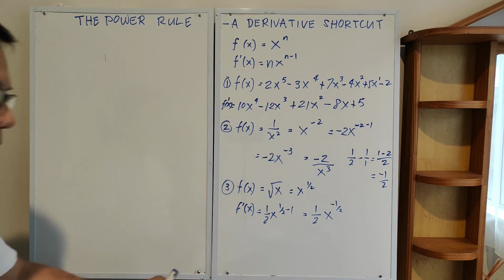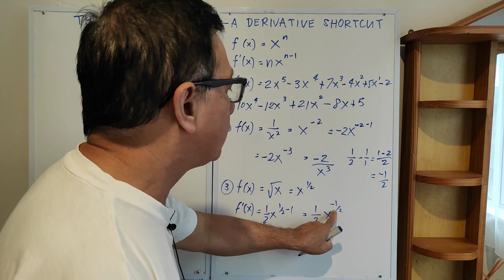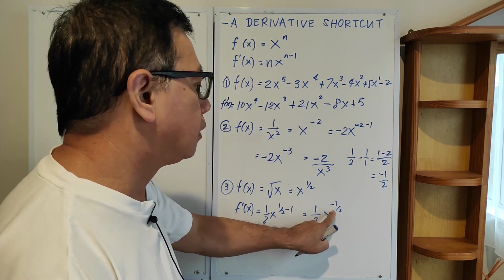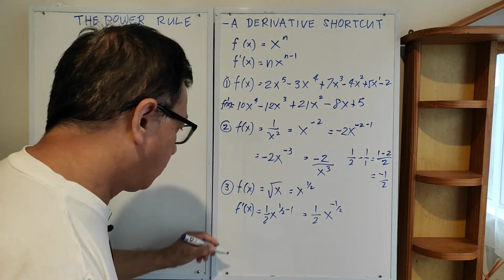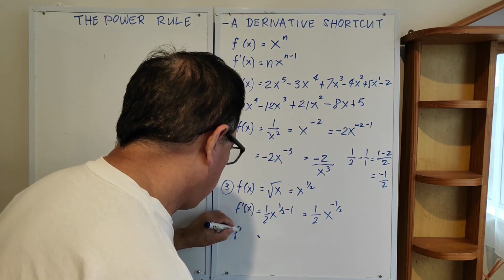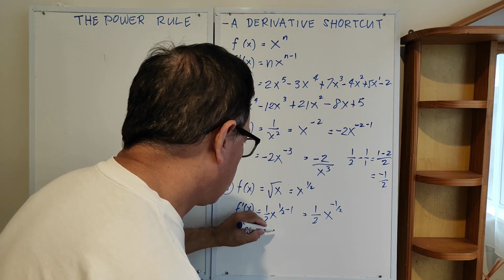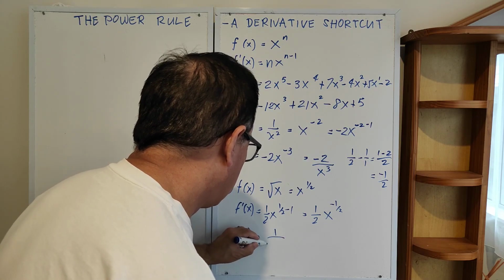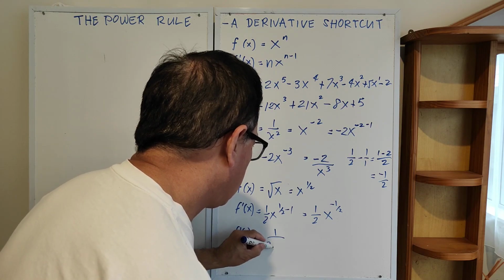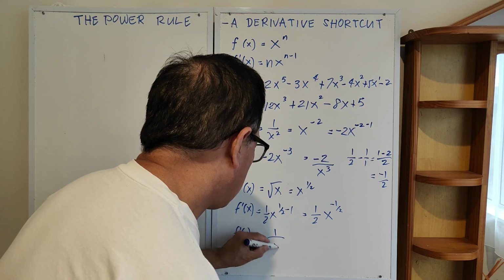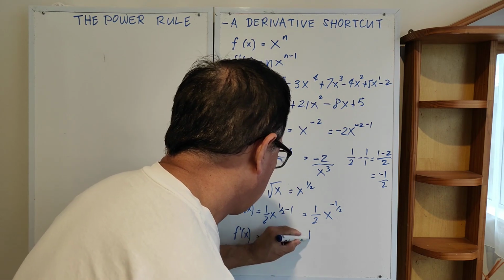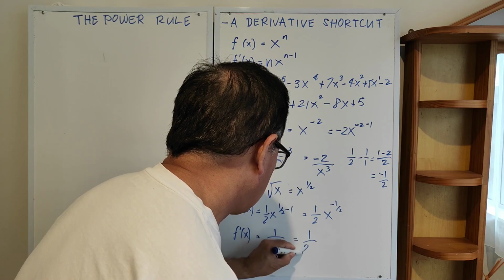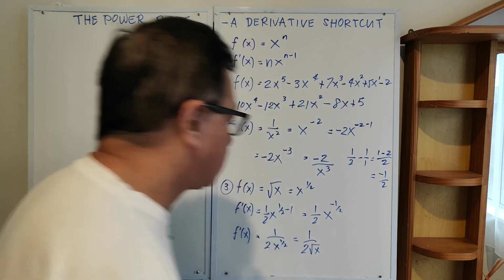Now we can rewrite this. We can put it into the denominator to make the exponent positive. So your f prime of x becomes 1 over 2 x to the 1/2, or 1 over 2 square root of x.